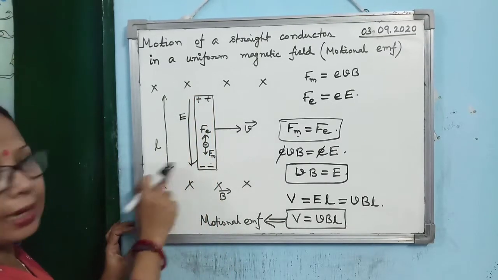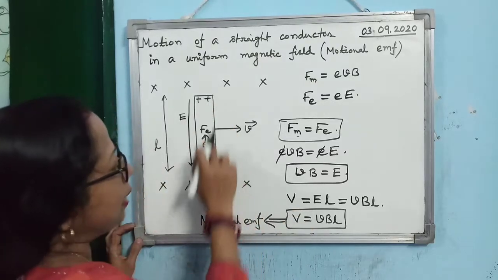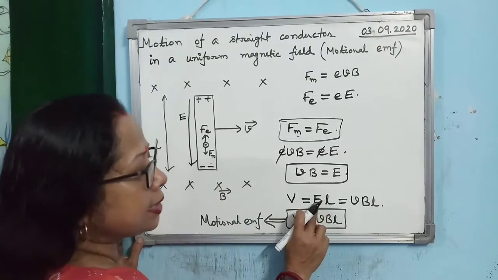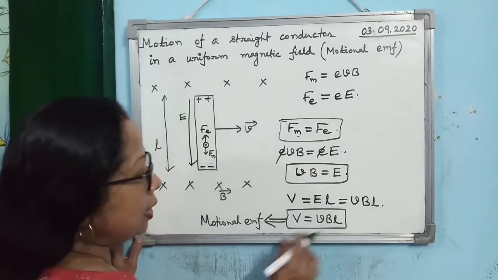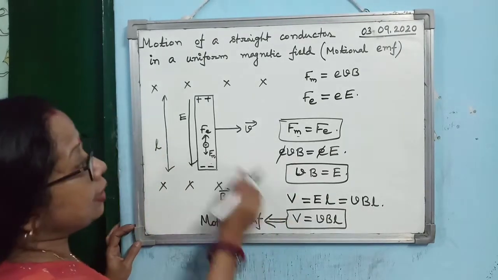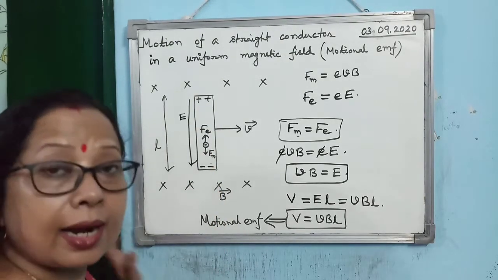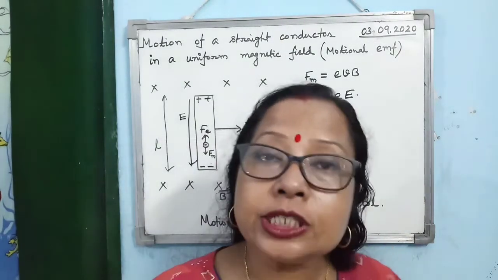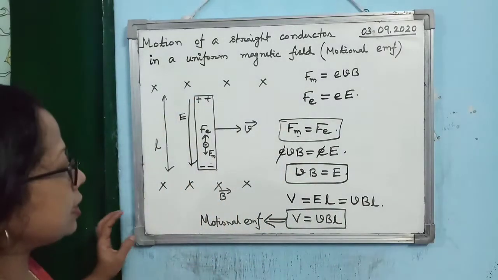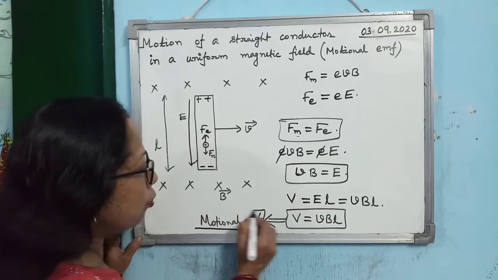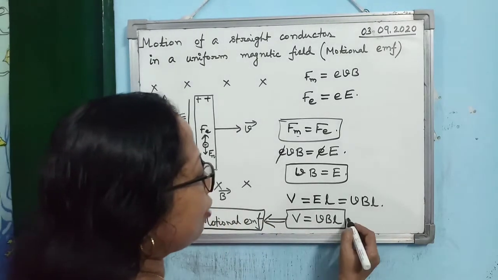The distance here is the length L. So the potential developed across the ends of the conductor is E into L, which is equal to VB into L. This potential difference developed across the two ends of the conductor due to its motion in a uniform magnetic field is known as motional EMF, and it is given by VBL.